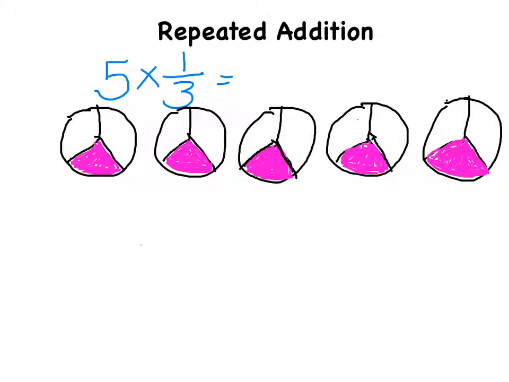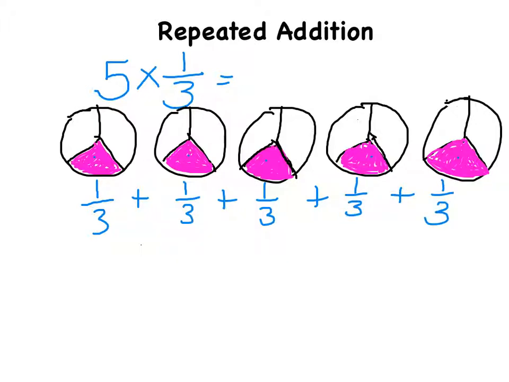So students can either count up these, which means 5 of the thirds is what the answer is going to be, or they can look at it as a repeated addition problem, 1/3 plus 1/3 plus 1/3 plus 1/3 plus 1/3.